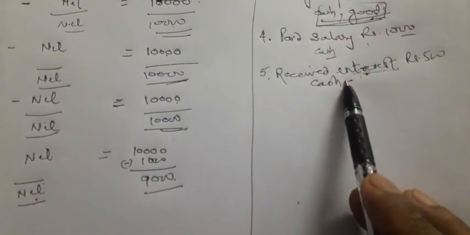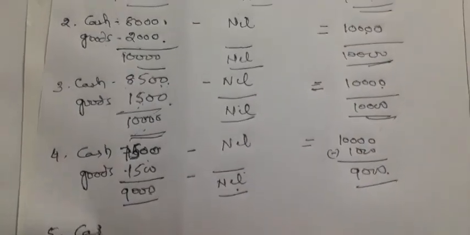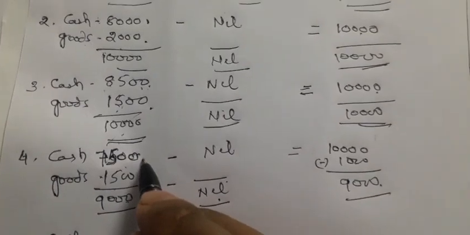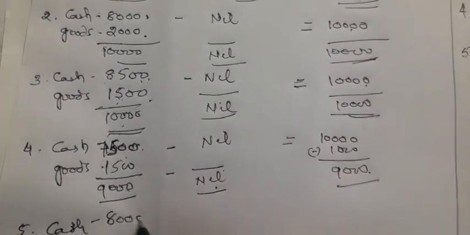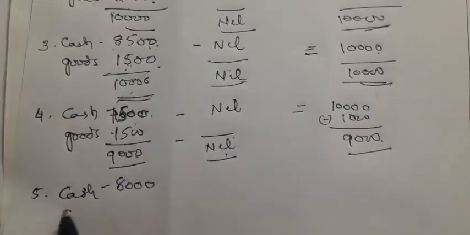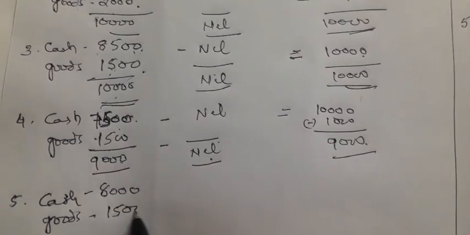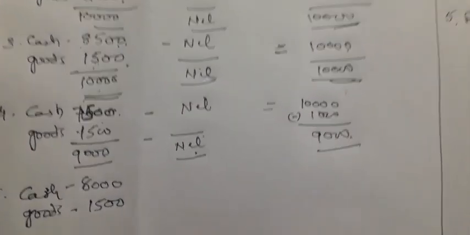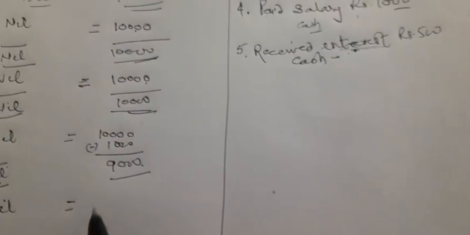So first aspect, cash is increased by 500. Previously we had cash of rupees 7,500. Since we have received interest in the form of cash, now we will have cash of rupees 8,000. There is no change in the goods. Goods will remain as 1,500. There is no change in liabilities because there is no liability in this transaction, and there is an income of 500 rupees in the form of interest.